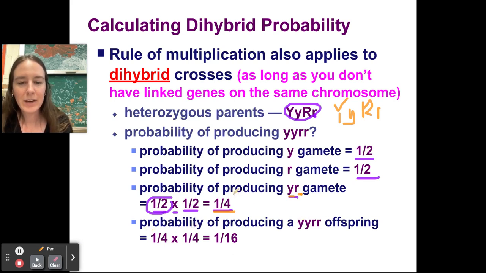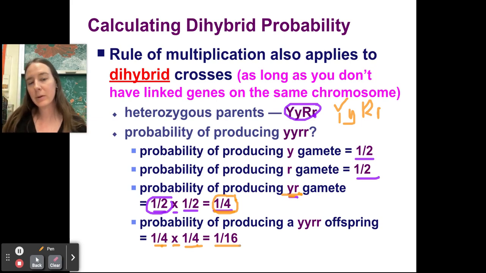What's the probability that you're going to get a little y, little r from the mom and a little y, little r from the dad? Well, you already know that the probability of getting this from the dad is 1/4. And then the probability of getting a little y, little r from the mom is also 1/4. So mom and dad both donating little y, little r, that's why I use multiplication, because it's "and." They're both happening at the same time. You multiply those together, you get 1/16.